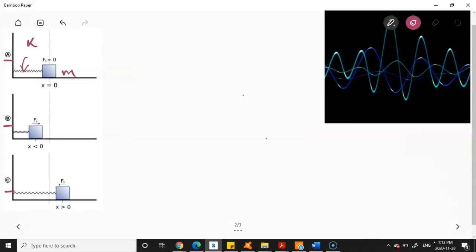When it passes the equilibrium point and x is positive, it comes back again in the other direction. That's why we have defined Hooke's law in elementary physics from high school.